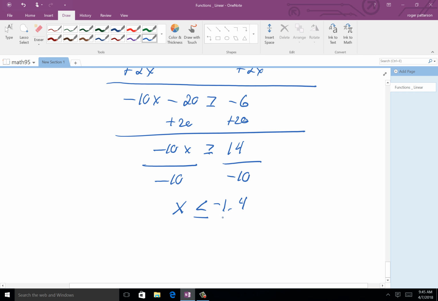This is negative infinity, so we go negative infinity, then negative 1.4 bracket, because that's going to be equal to it. So we would put a bracket there. But many times they're going to just say this is an okay answer. But they might ask you to put some in interval notation, so I want to make sure I got that. And interval notation tends to flip people up a little bit. It's a little bit harder to write them that way, but it's kind of convenient.